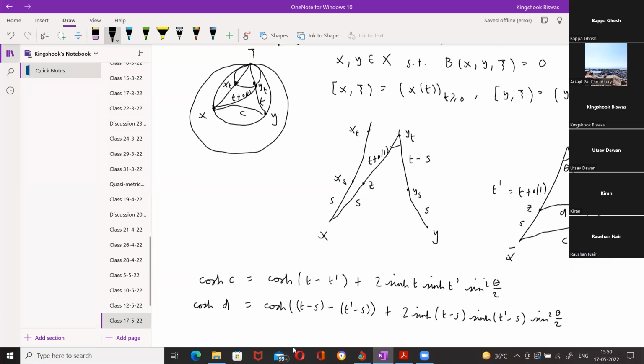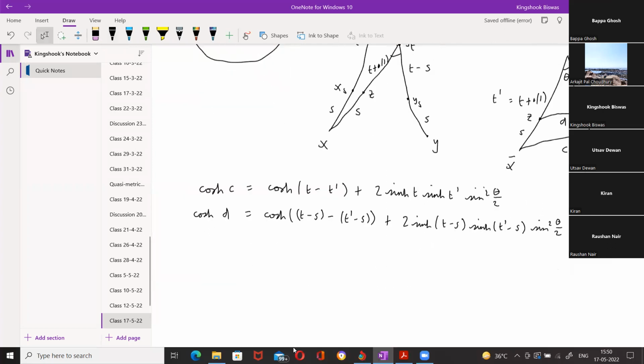And this 2 sinh t sinh t prime stuff is basically 2 into half e to the t plus t prime, and t plus t prime is well 2t.